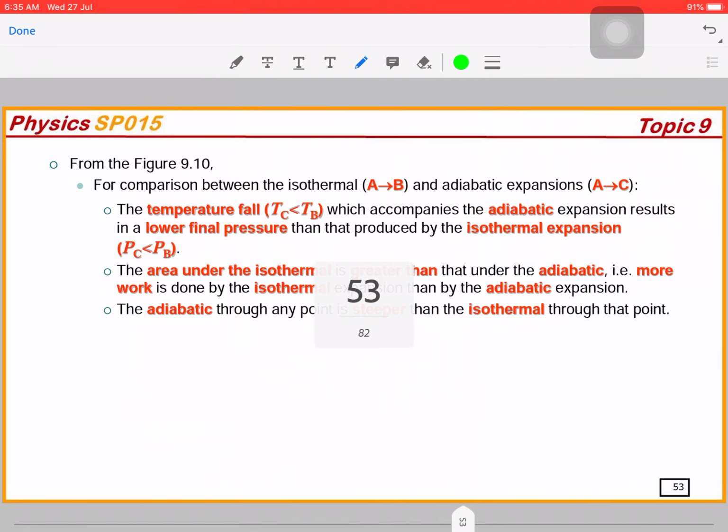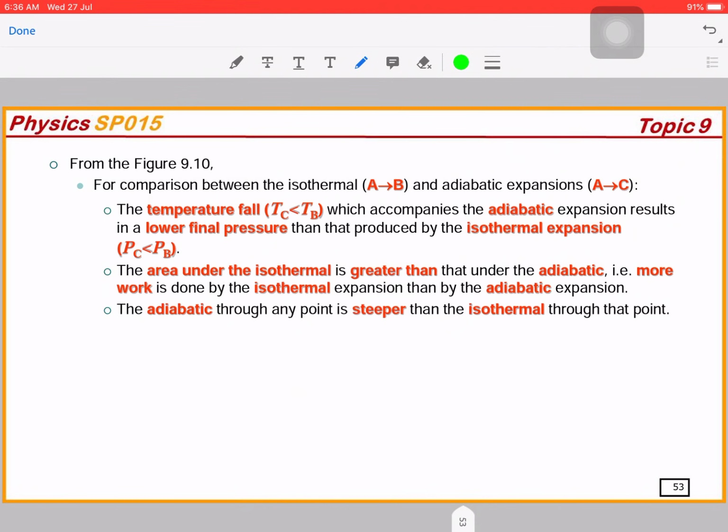Okay, next. From figure 9.1 ataupun 9.10, for comparison between the isothermal AB and adiabatic expansion AC, okay, the temperature fall, Tc smaller than Tb, which accompanies the adiabatic expansion, results in lower final pressure than that produced by the isothermal expansion. So Pc is smaller than Pb.